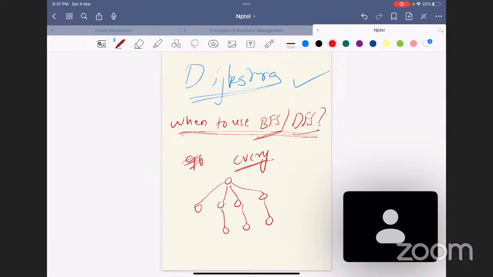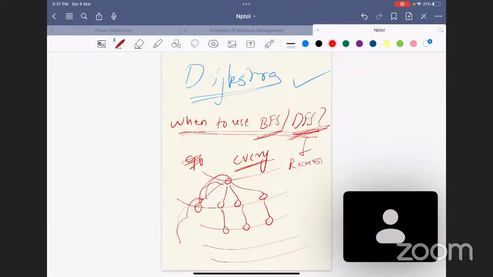The only difference between them is that BFS goes on layer by layer, and DFS is a depth first search. You go to depth, and it's a recursive solution, right?